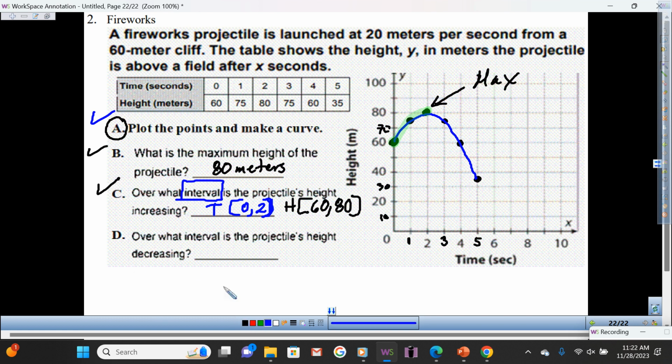D, it reads, over what interval is the projectile's height decreasing? Decreasing. So give me both in time and height intervals when it's decreasing. Tell your neighbor, and then Anthony's going to pass someone.